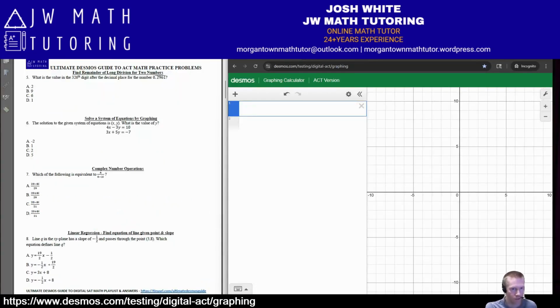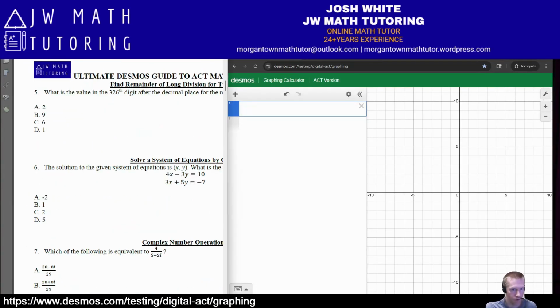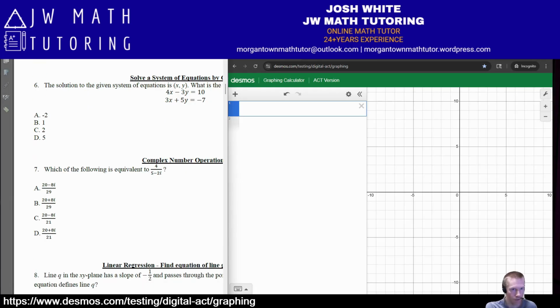Okay, now let's look at an example problem, and I'm going to zoom in here so that we can easily see the problem and the answers. All I have to do is type the problem, and it gives me basically the answer. The problem is there's no fraction button, so there's no easy way to convert these to fractions.